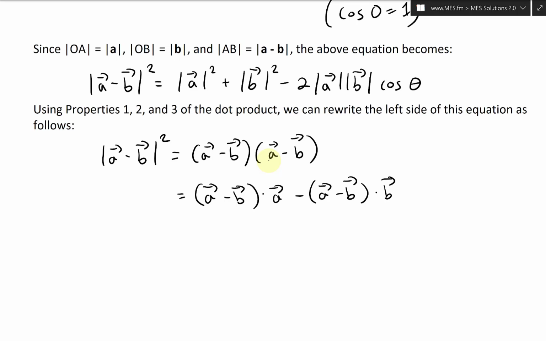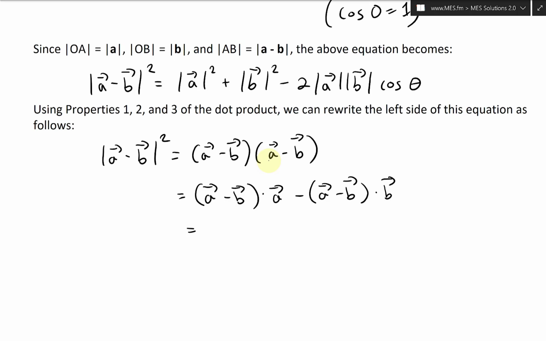Then multiply this inside here, and this side. Again, this is just basic foiling. I just wanted to do that step by step, but later you could just do foiling, this times this, exactly like real numbers. So you just do that, and so on.